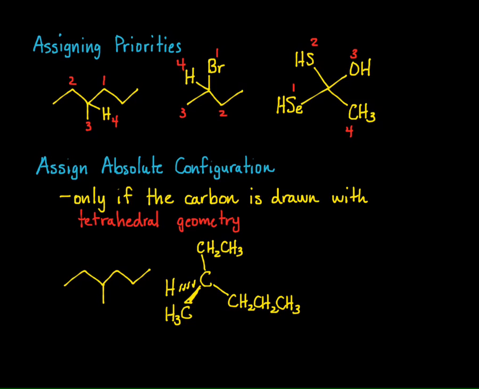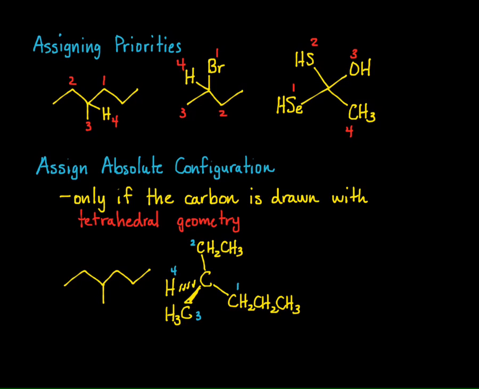And now what am I going to do? Well, I label them basically based on my priority assignments. So the hydrogen's 4, the methyl's 3, the ethyl's 2, and the propyl is 1. Now in this particular case, the hydrogen is already behind me. And therefore, do I have to draw a Newman projection? Certainly I don't have to. I can really just ignore where the hydrogen is.